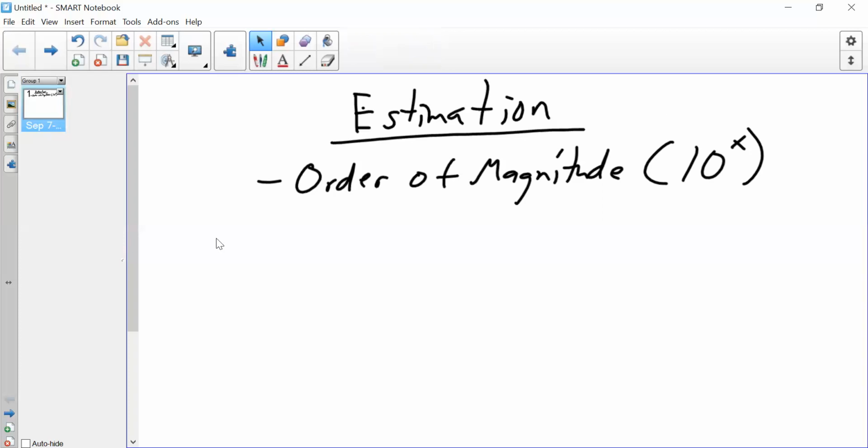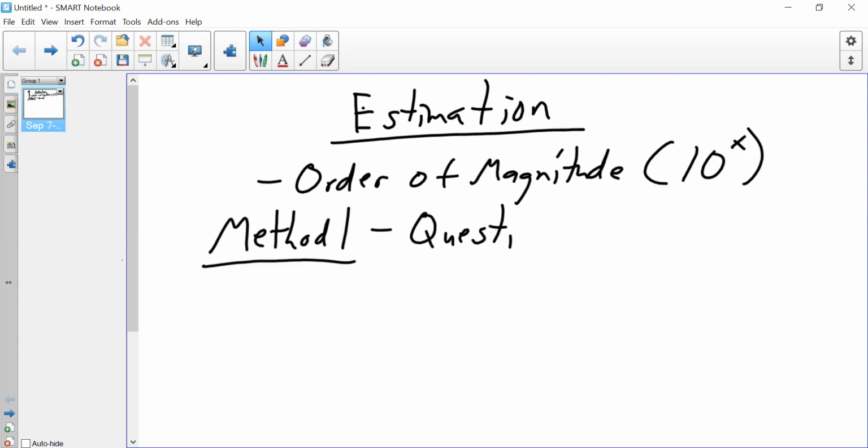So the first method of estimation involves a question or statement of the same geometry. How many of these small volumes can go into a large volume?